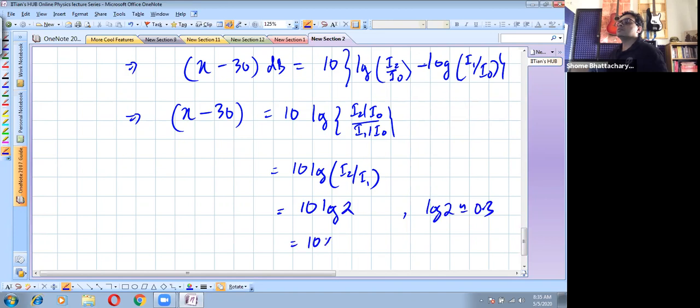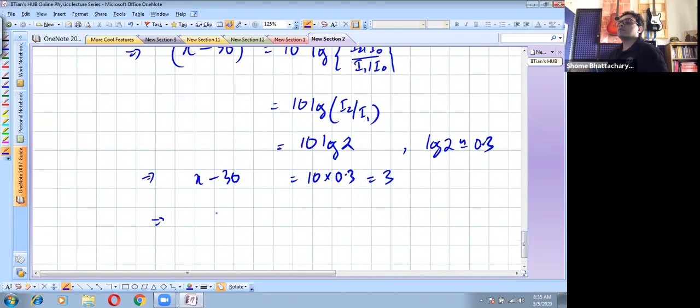This becomes 3 decibels. So this side is x minus 30. X becomes 33. That means I2 in decibels is 33 decibels.